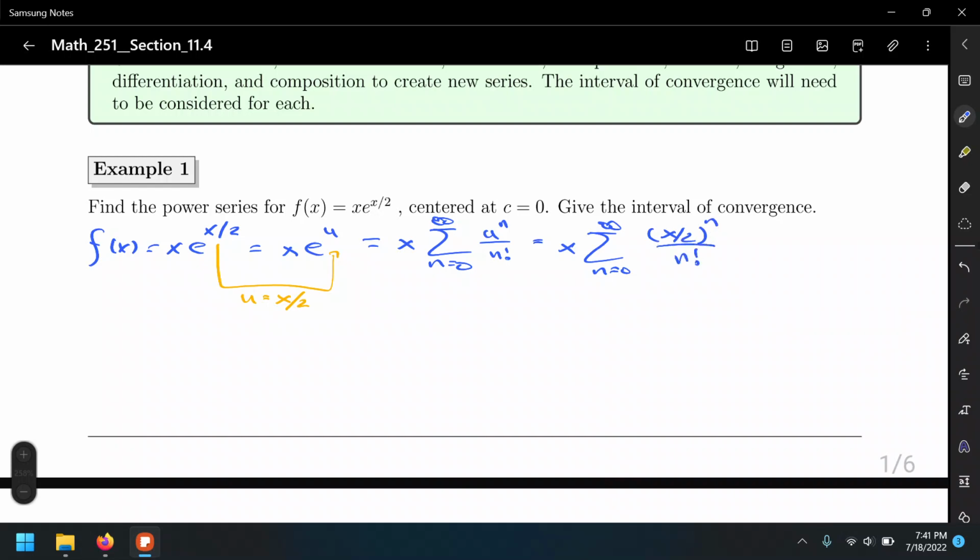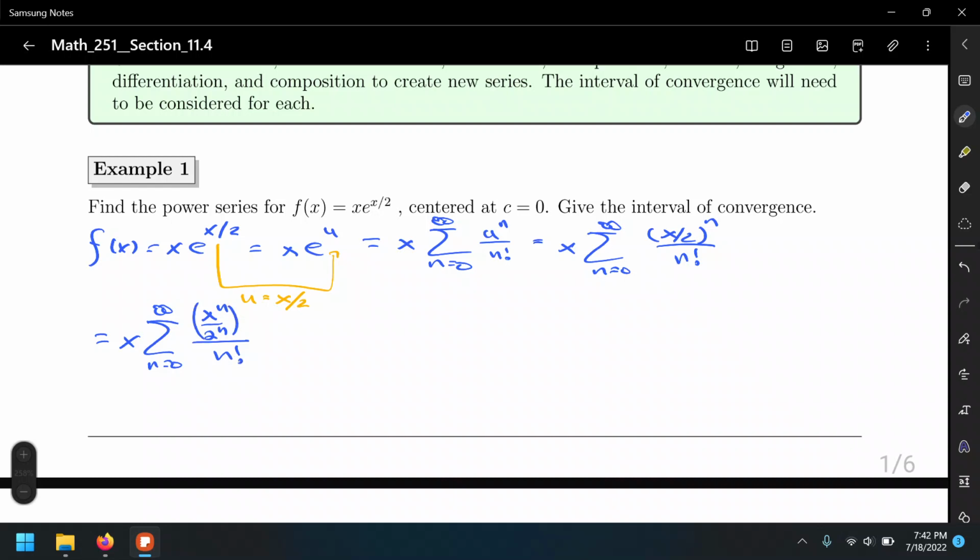So in this case what you might want to do is distribute the power to the numerator and denominator of the quantity in parentheses. That is x times sigma n equals 0 to infinity. That's going to give us x to the n over 2 to the n divided by n factorial.